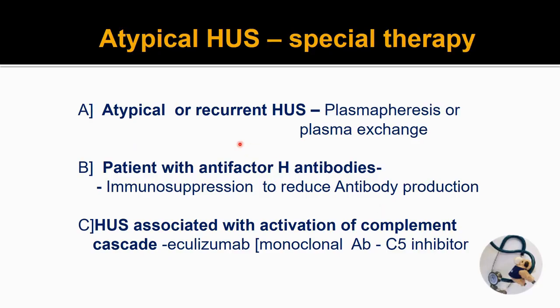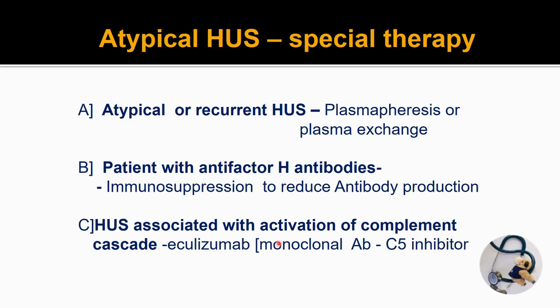For atypical HUS, some specific therapies are available. If it is atypical or recurrent HUS, then plasmapheresis or plasma exchange can be helpful. In patients with anti-factor H antibodies, immunosuppressive drugs are used, as they reduce the antibody production.